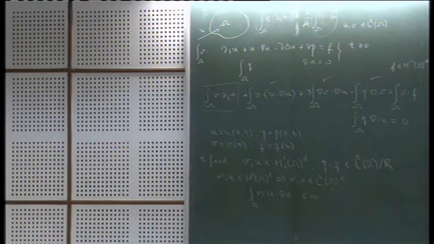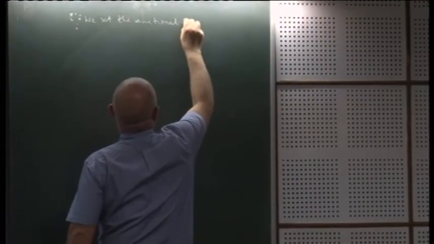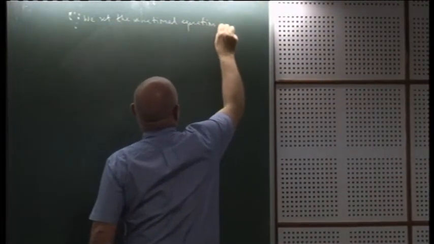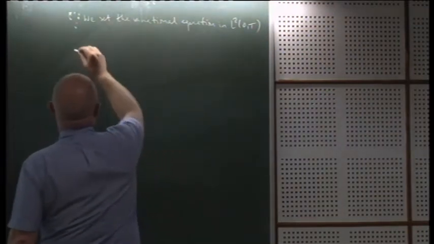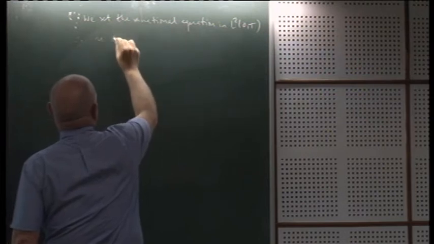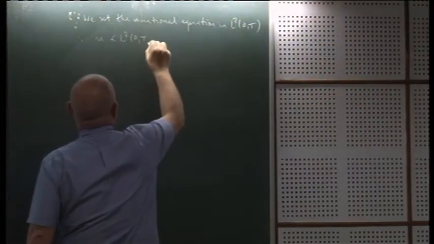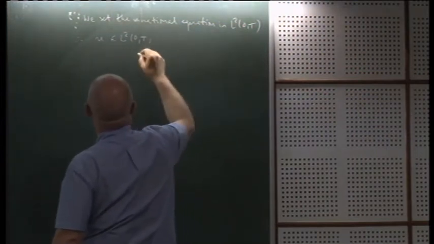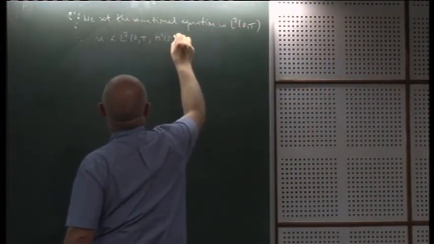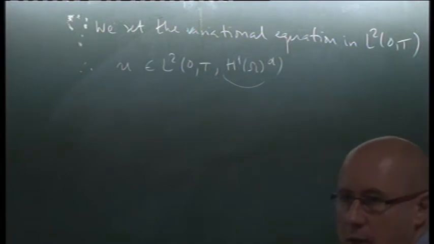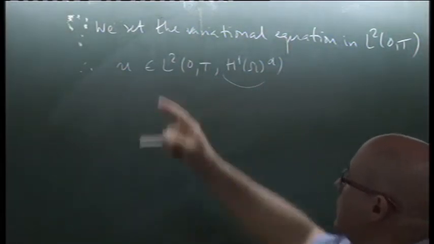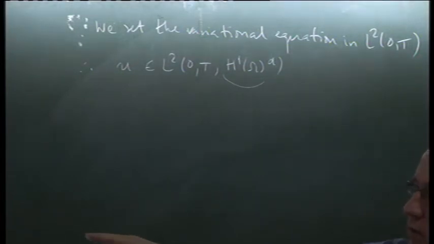We set the variational equation in L2 in time. Therefore, we need U to belong to L2 in time, but what has to be L2 in time is the H1 norm. Therefore, the space is written in this way. The space is written because it is a function that is H1 in space whose H1 norm is L2 in time. Okay, this is what is represented here.